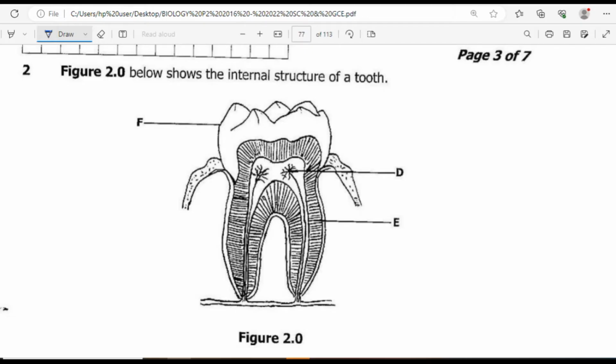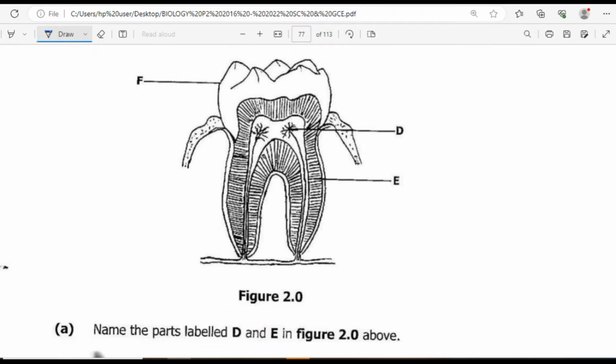So as you are studying, make sure you understand and master the diagrams, because most of the questions come based on the diagram, and you can make an explanation based on the diagram. So the one here that we are given is a tooth. Now a tooth has so many parts that we have to look at here. So there is part F, D, E. Now let's look at the questions.